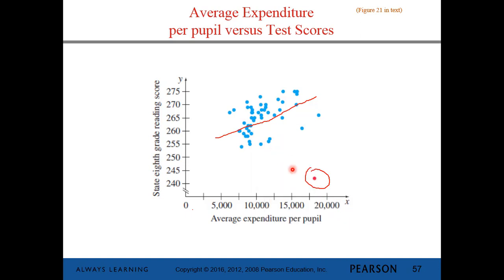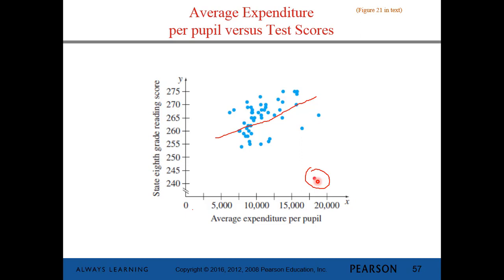Now, notice this dot here represents Washington, D.C. Notice how far this dot is from the rest of the pack. This dot is so far away from the pack that we might consider it what we call an outlier. Because if we include this point in the data set, it will bring the correlation coefficient down really small.